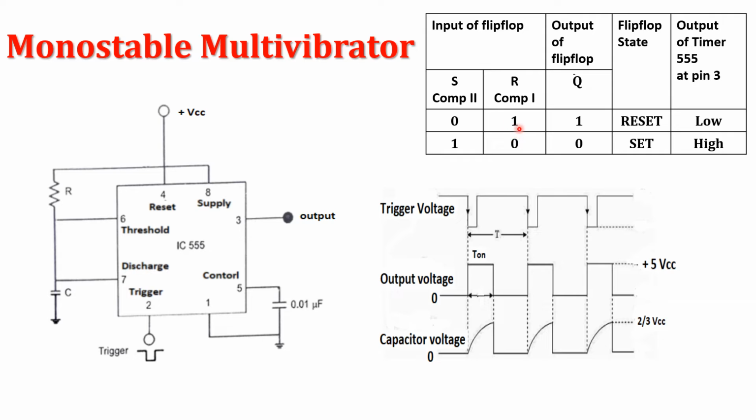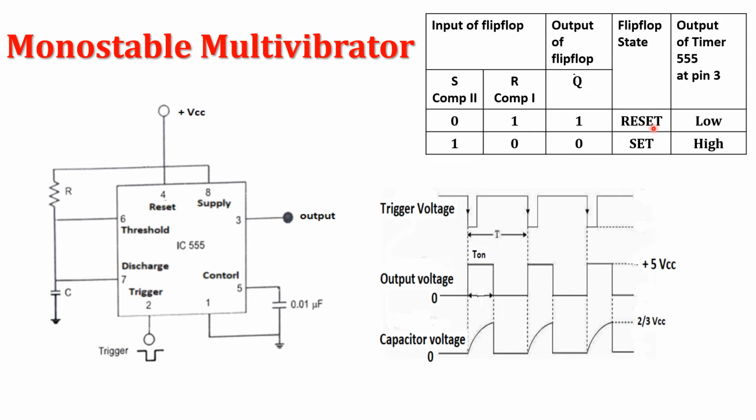The output of comparator 1 is 1, the output of comparator 2 is 0, and the output of the flip-flop is 1. Q bar is 1. If Q bar is 1, then the discharge transistor turns on and the capacitor starts to discharge.